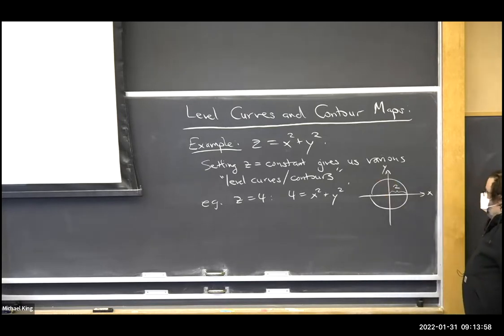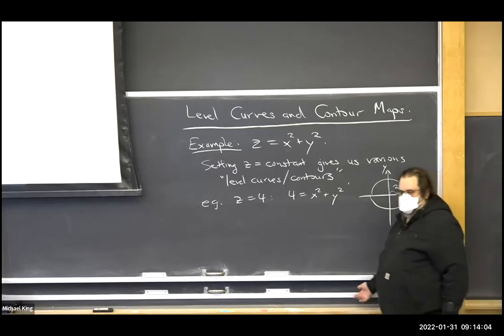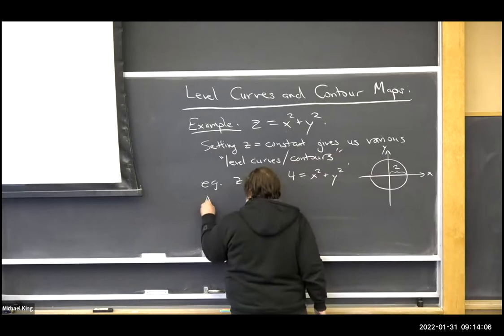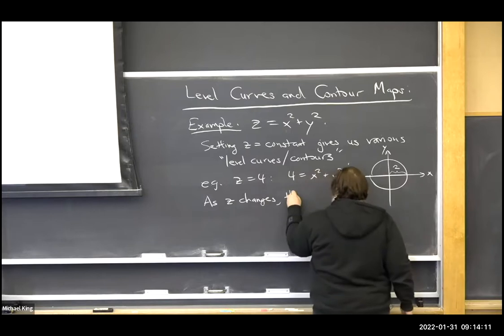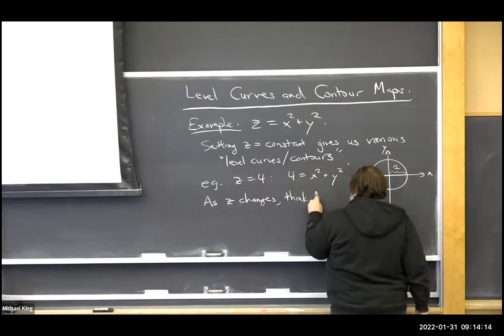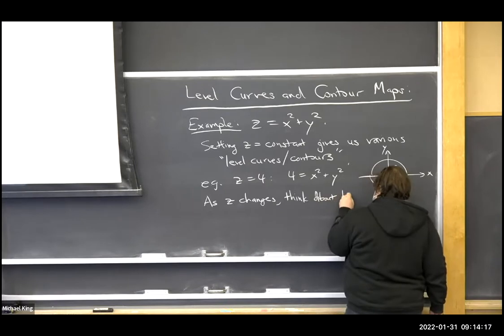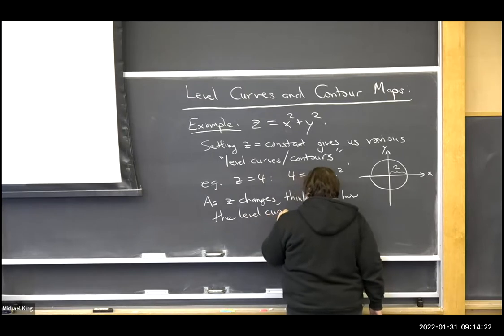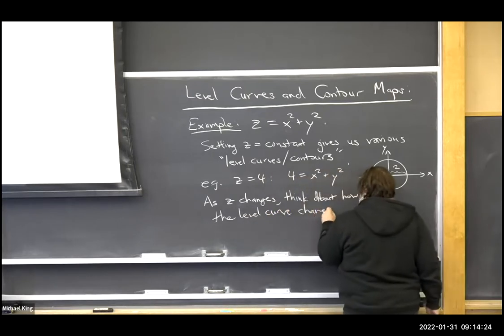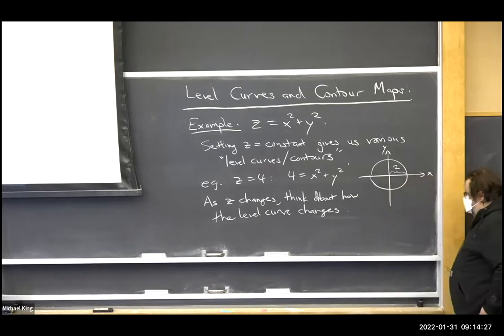Okay, and so as z increases, we can think about how the level curves change. As z changes, think about how the level curve changes for any specific example you're thinking about. And then in particular, we're going to plot level curves for a bunch of different z's, and that's going to make the contour map, or the contour plot, sometimes it's called.